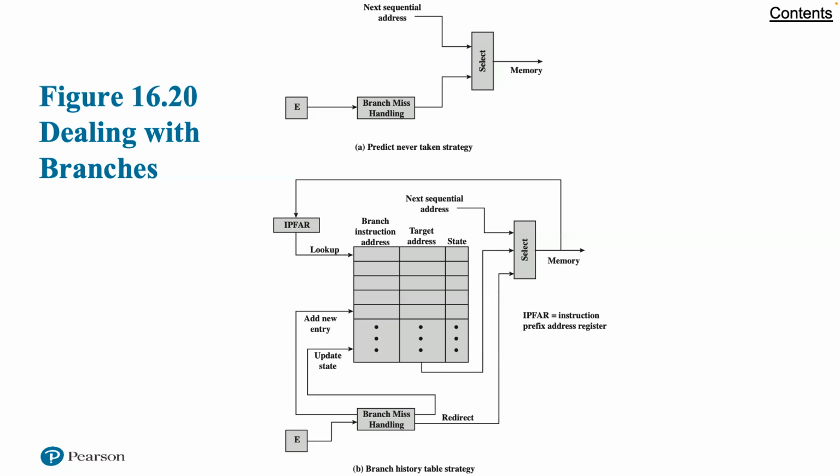The general structure is defined as an (m,n) correlation, which uses the behavior of the last m branches to choose from the 2 to the m n-bit branch predictors for the current branch instruction. In other words, an n-bit history is kept for a given branch for each possible combination of branches taken by the most recent m branches.